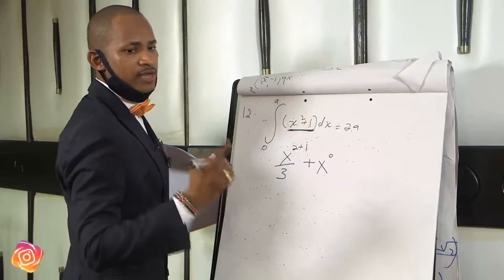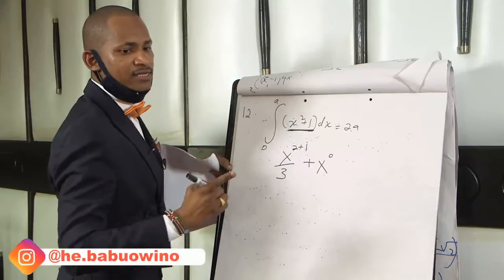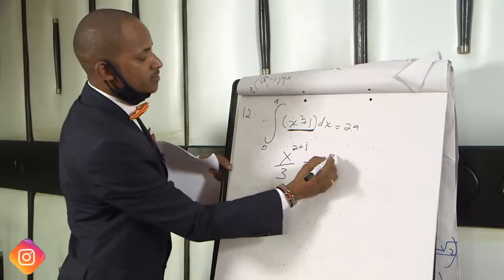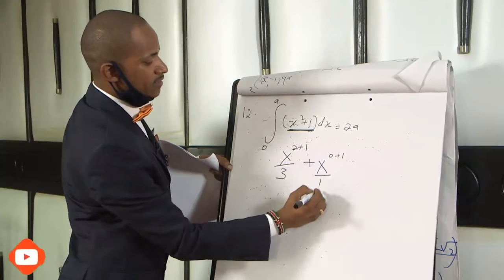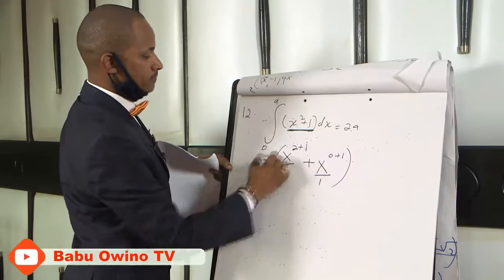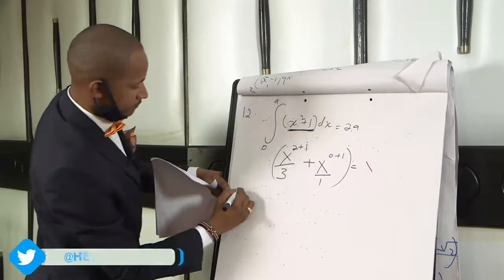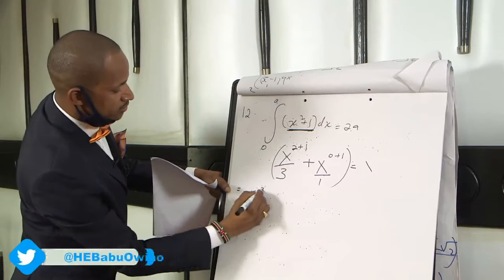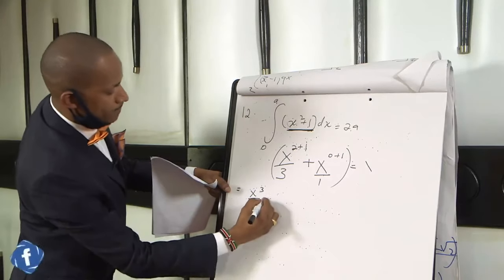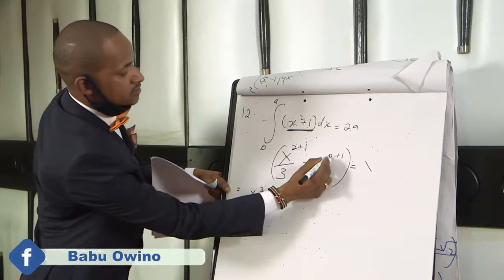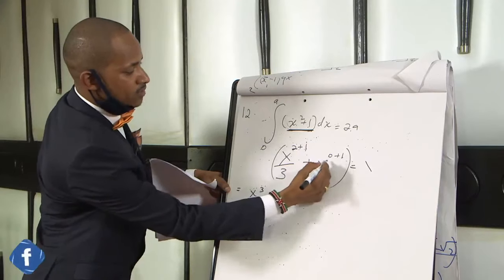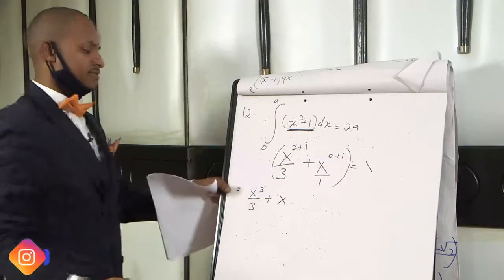I told you any number raised to power 0 is 1. Any letter raised to power 0 is 1. So x raised to power 0 plus 1 divided by 1. What do we get here? This is x cubed divided by 3 plus x raised to power 1. 0 plus 1 is 1. x raised to power 1 is just x.